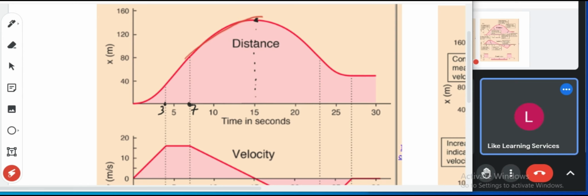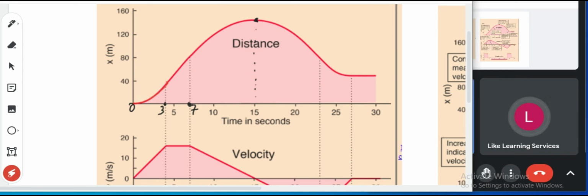Deceleration. Now you need to be telling me forward motion and backward motion. Let's start again, because this is a very good review. From 0 to 3 seconds is what?